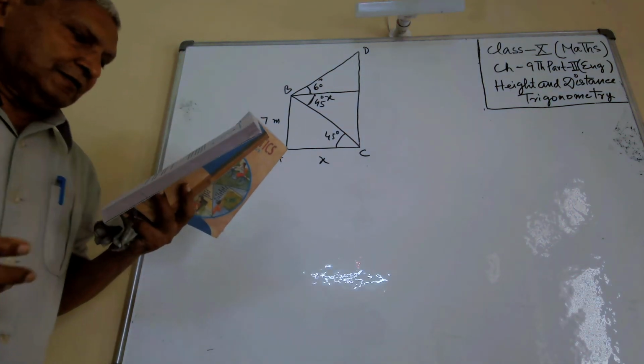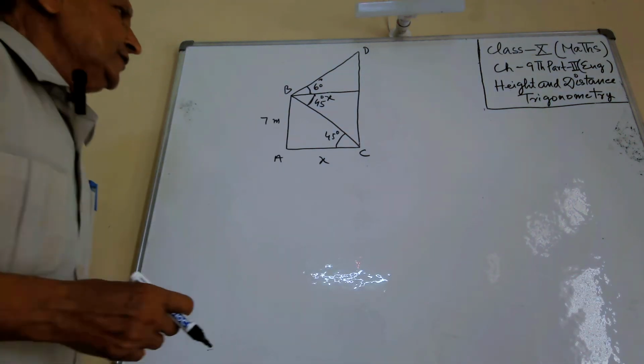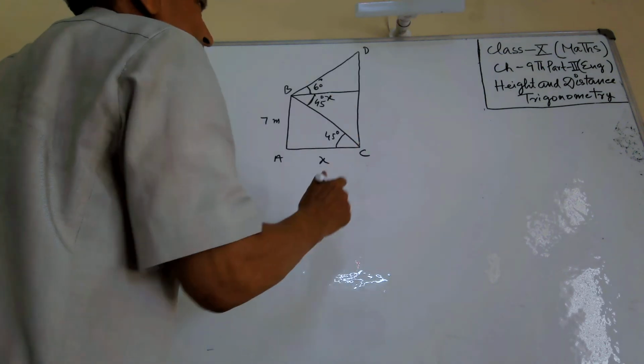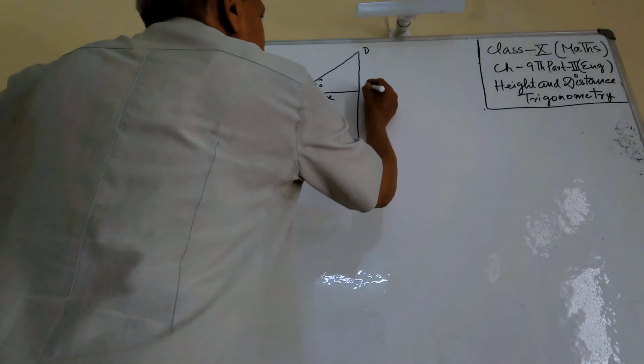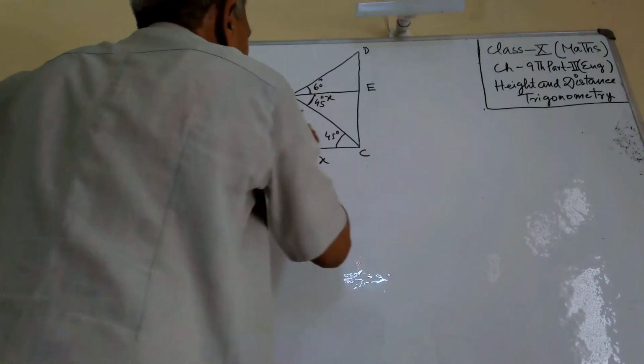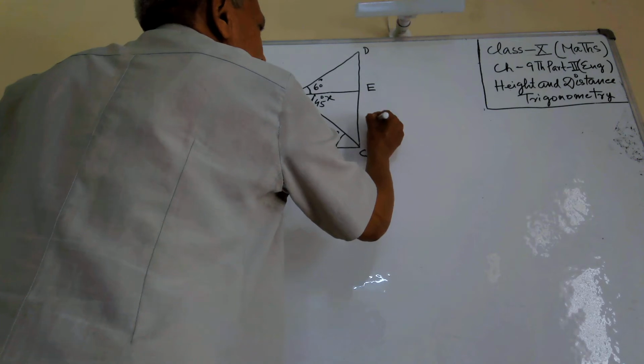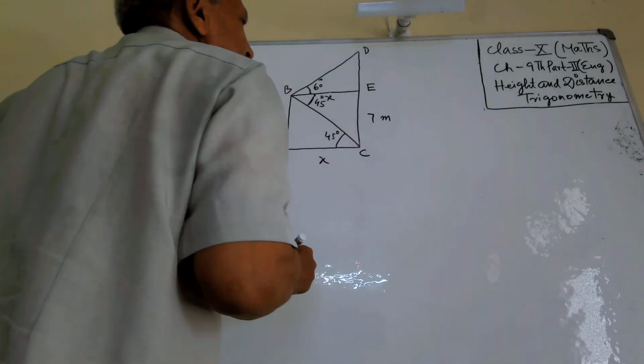My dear students, to find out the height of the CD. Now AB is equal to this point, you say E, CE. It means this is also 7 meter.